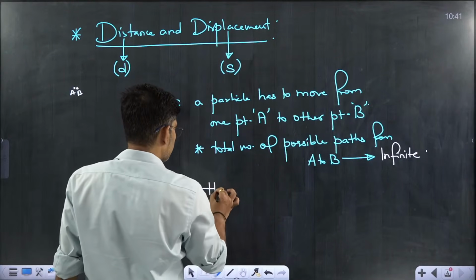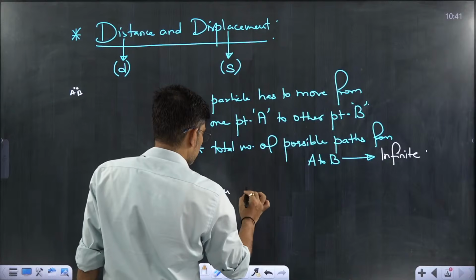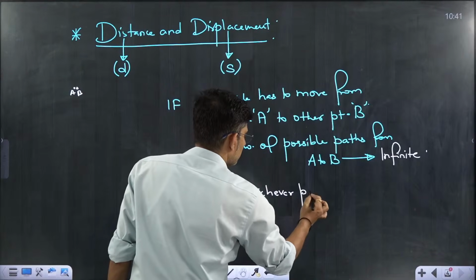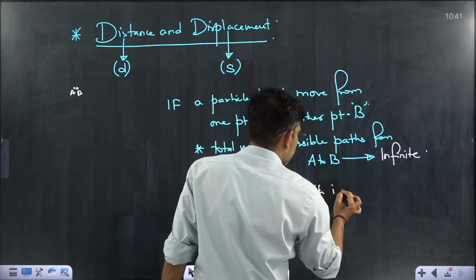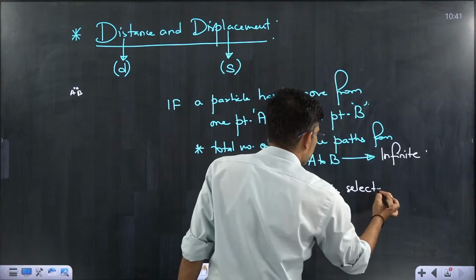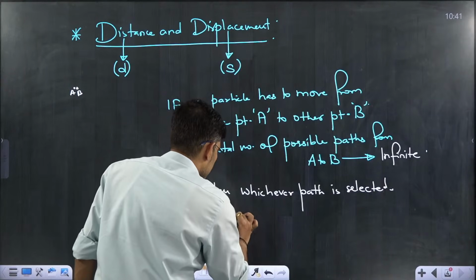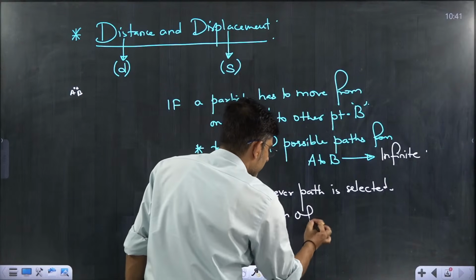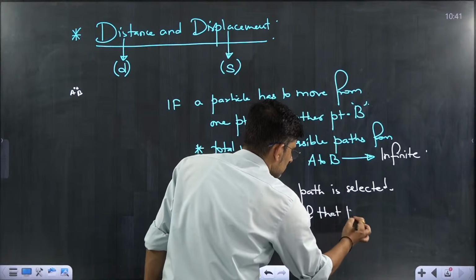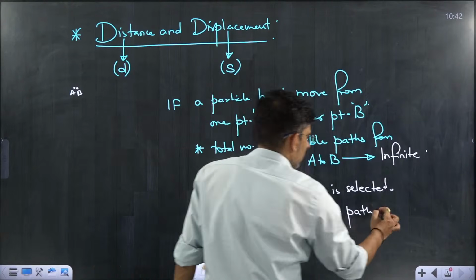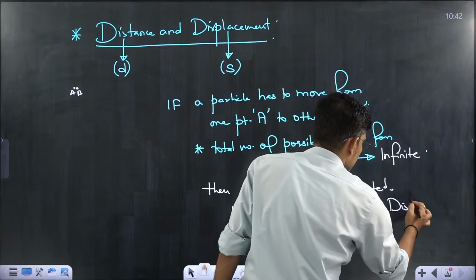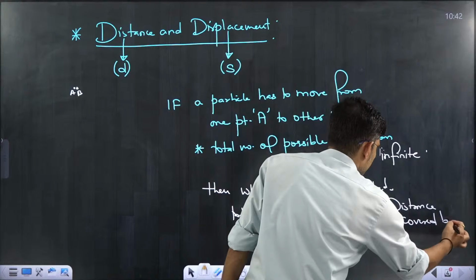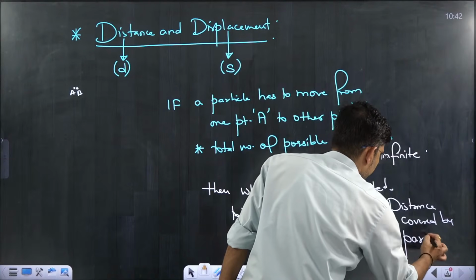Then whichever path is selected, suppose you select one path out of that, the total length of that path will be equal to the distance covered by the particle. That's it.